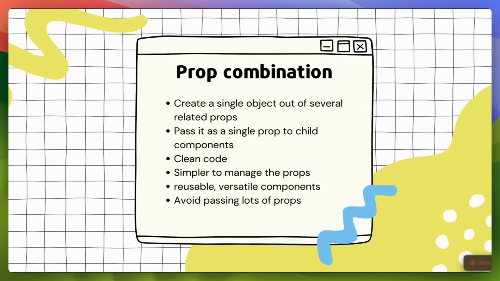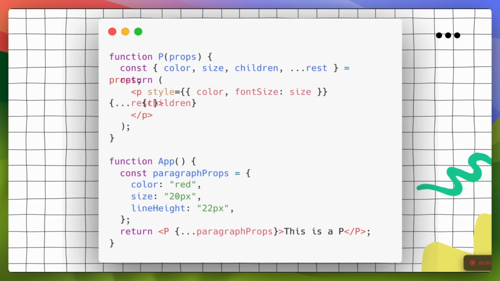This makes it harder to read and can easily be avoided by using the prop combination design pattern. In this design pattern, you combine all of your props into a single parent object and then pass that single parent object as a single prop to a child component. Let's take a look at an example.